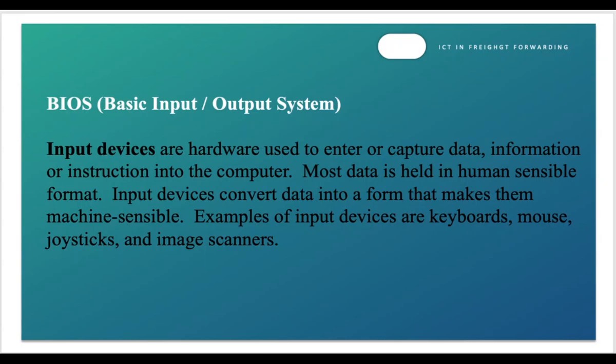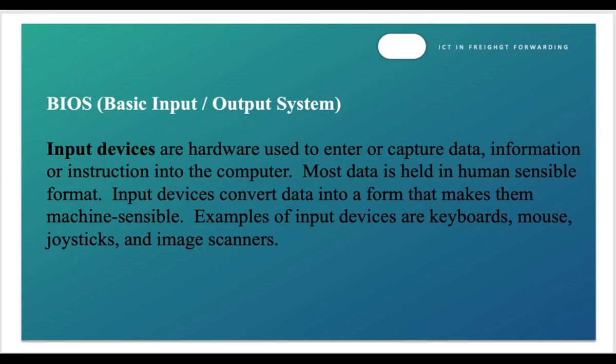And so input devices are basically the devices which we use to input human sensible information, the things that we want to input into the computer. We need to use these devices to make the inputs into the computer.